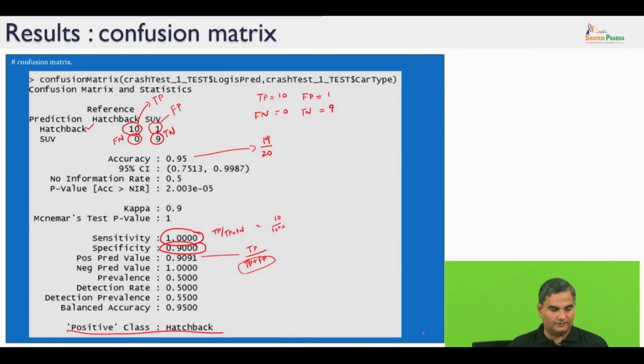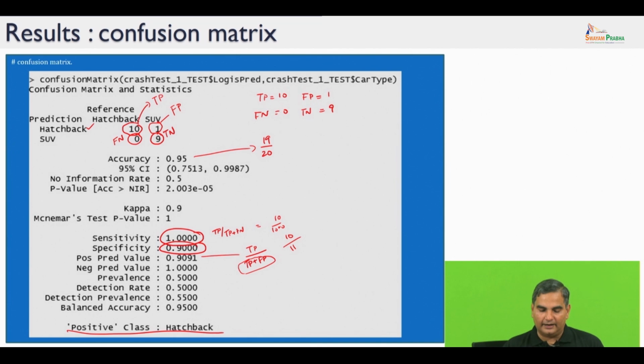So, the true positive is 10 and false positive is 1. So, 10 divided by 11 and you will get this number, 0.9091.